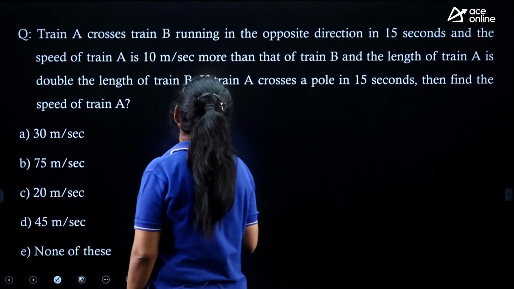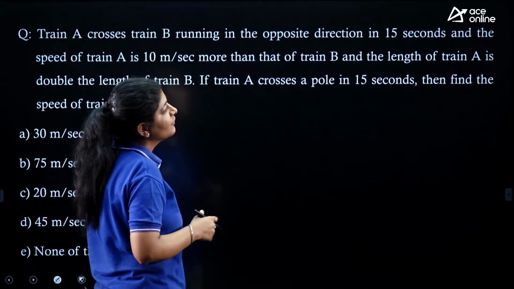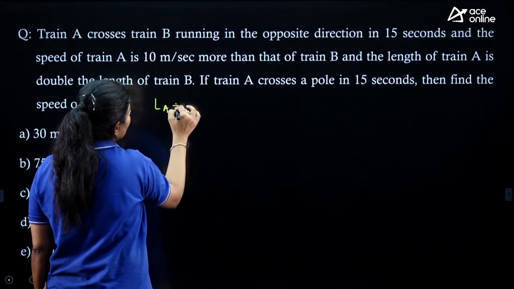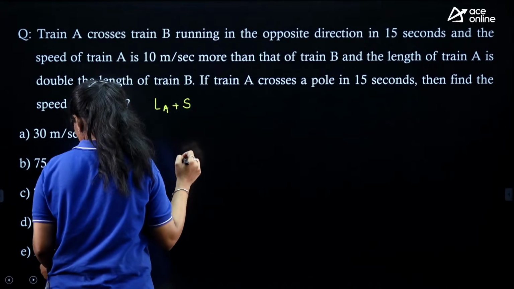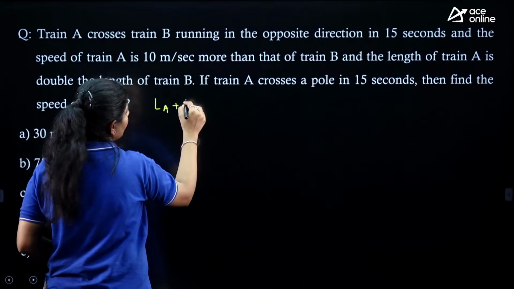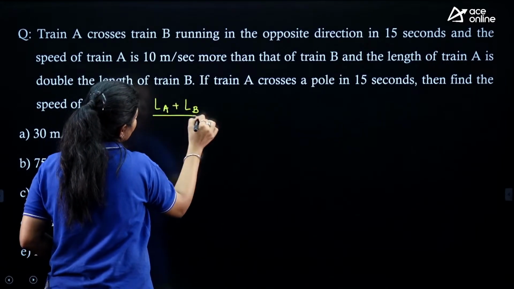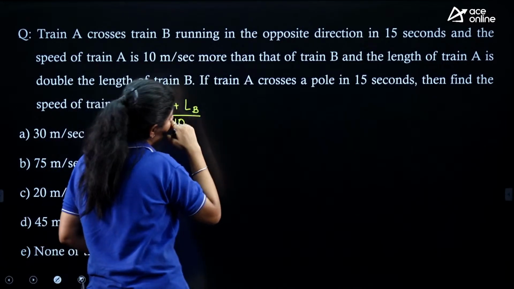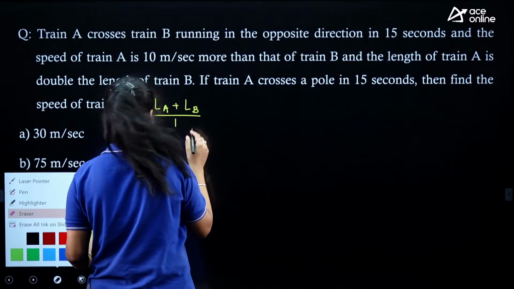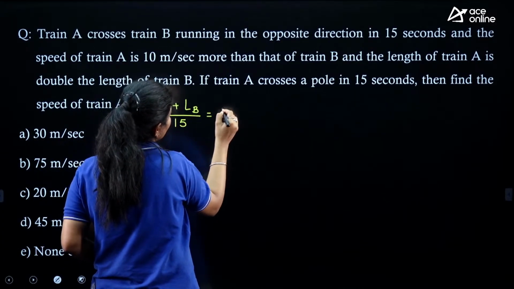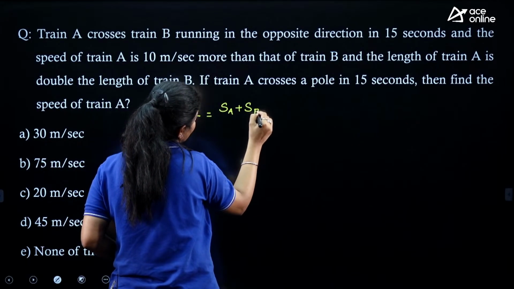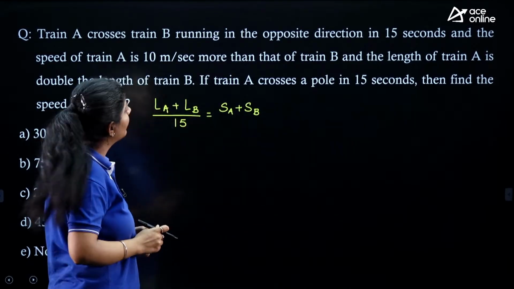Train A crosses train B running in the opposite direction in 15 seconds. Okay, so we can say that length of train A plus length of train B, divided by 15 seconds, is equal to speed of train A plus speed of train B. Right, this is what we can write with the help of the first statement.